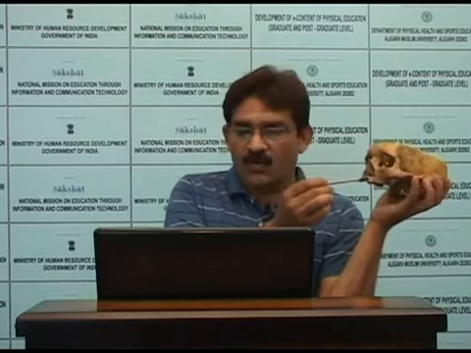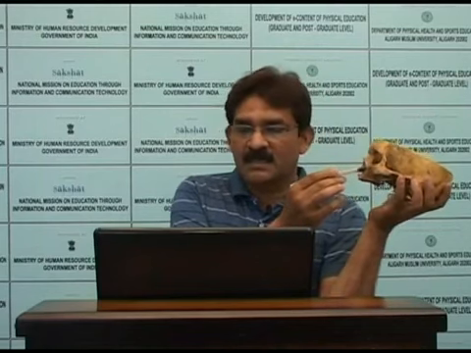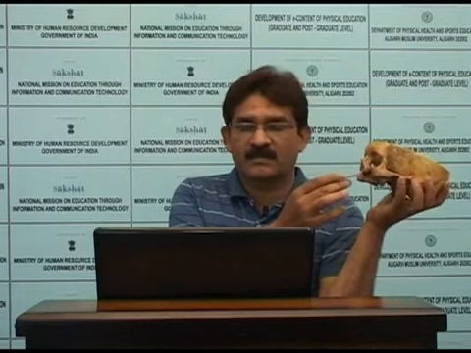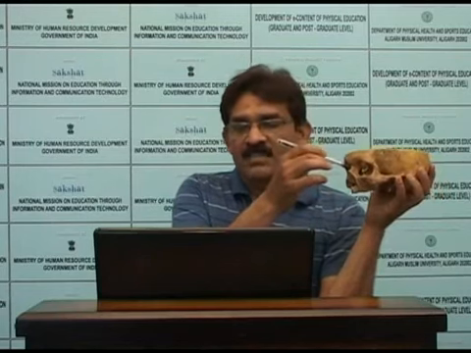This is the vomer bone on the lower side, the mandible, teeth, and this is the maxillae. These are the foramina of the maxillae, and this is the nasal bone.